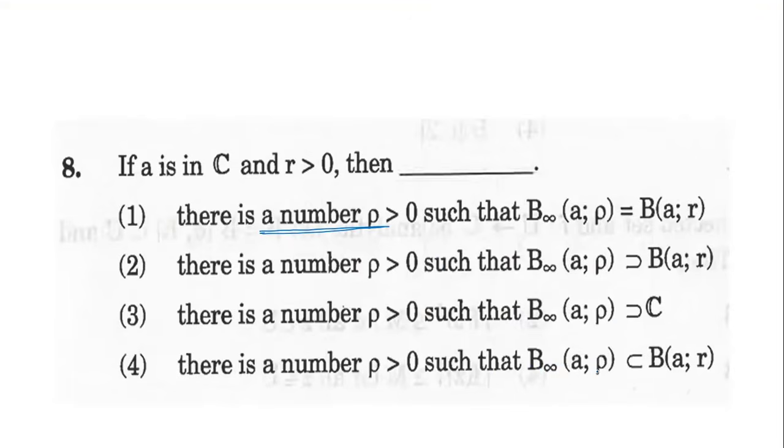Rho point, that means the number is a subset of this. There is a number rho greater than 0 such that the open ball B infinity a rho is a subset of B a R. This is the right answer.